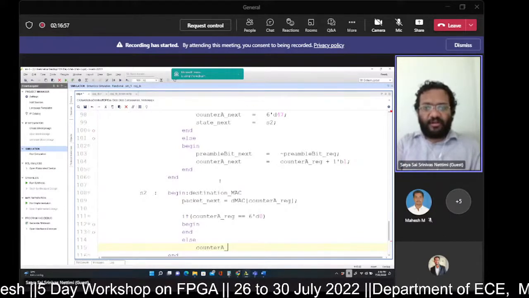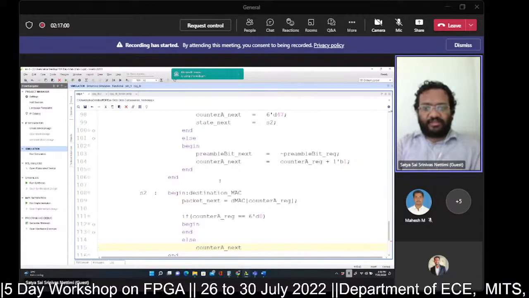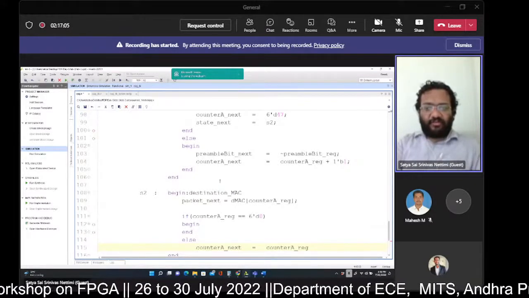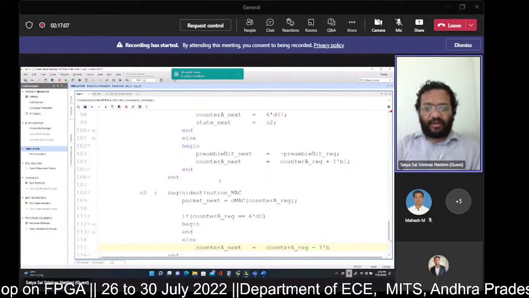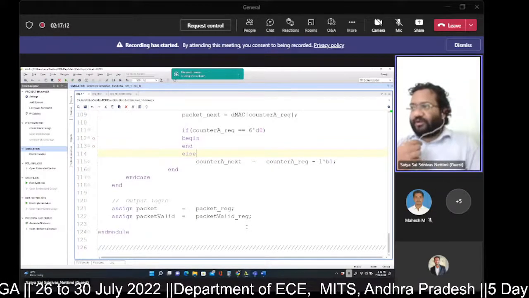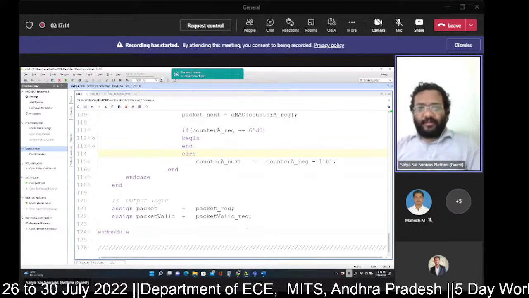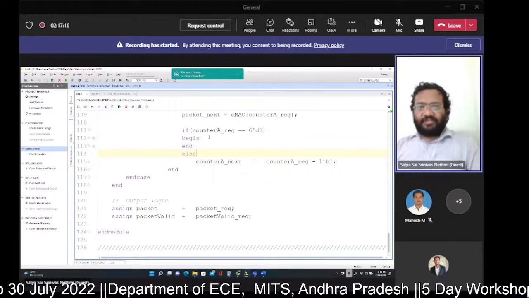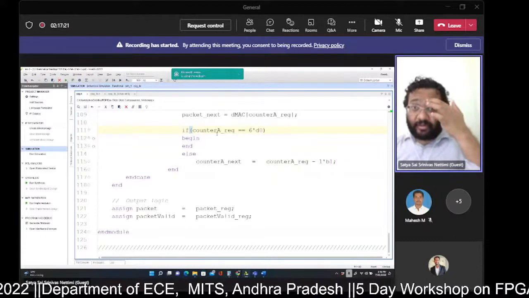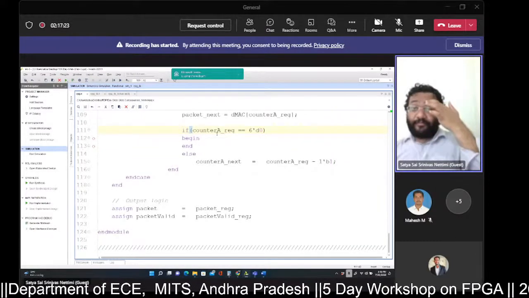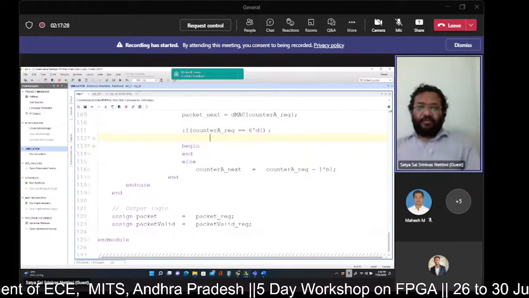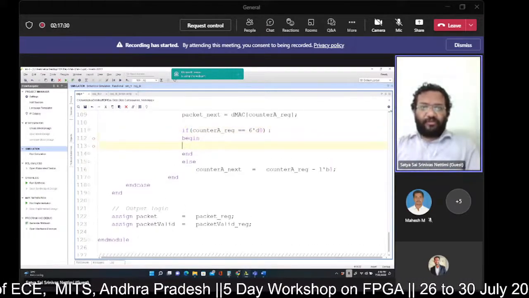So counter A underscore reg minus 1. Now the counter is decremented. Once the count value becomes 0, it has to jump to the next state.